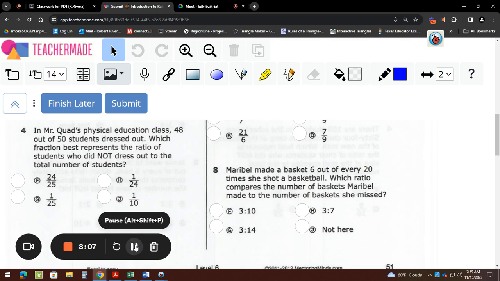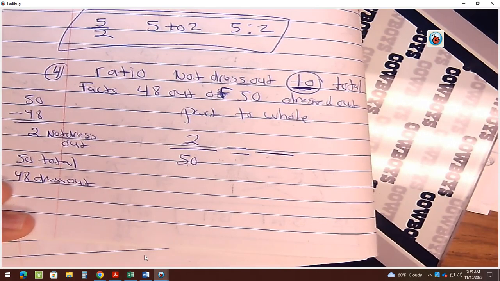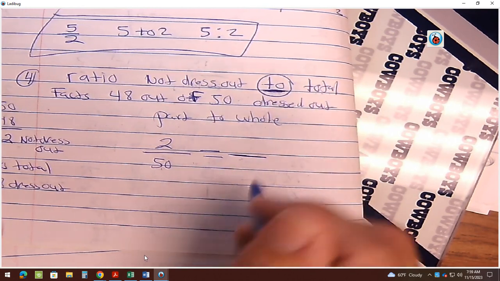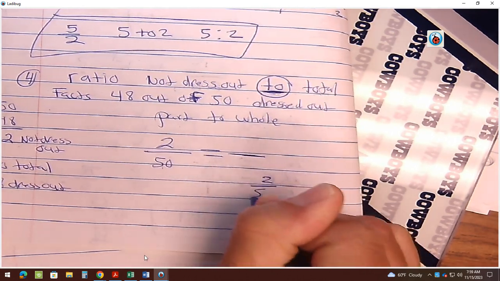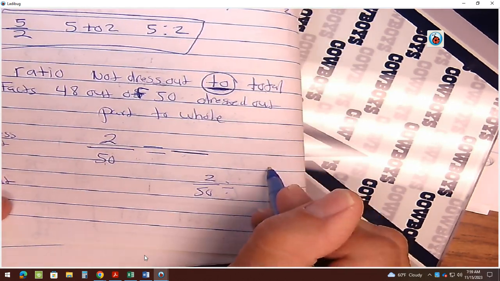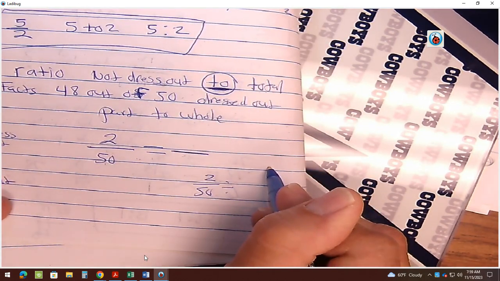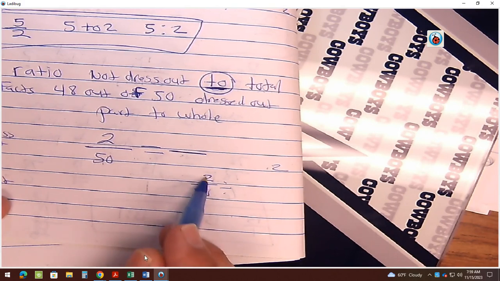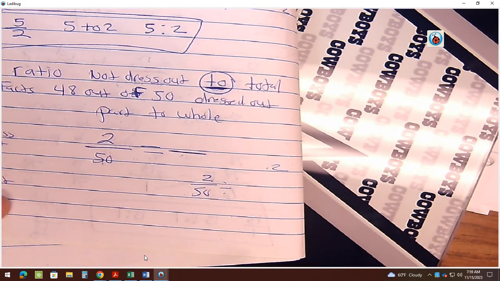So, how do we get, let me put the camera again. How do we get the other two numbers? What did we learn yesterday? Simplify. So I'm going to put over here 2 out of 50 divided by, okay, what's going to be my checklist? 2. That's it. Who's the smallest number? That's all I can use.